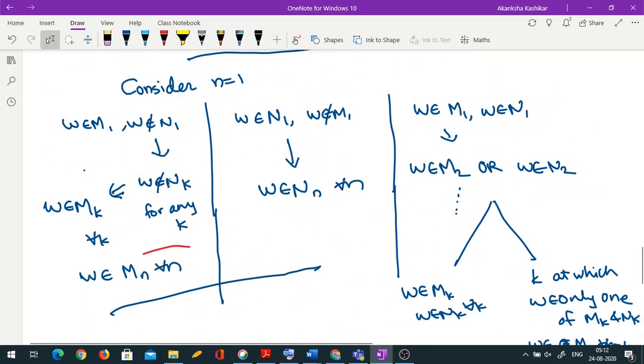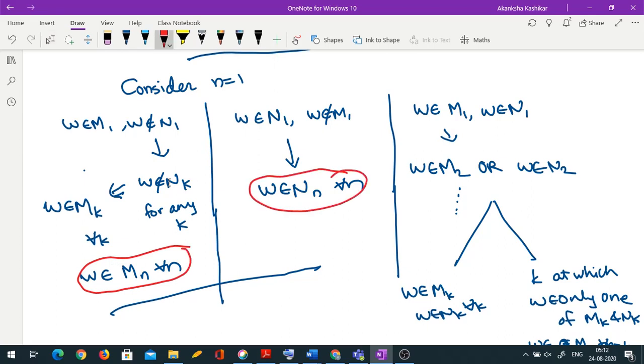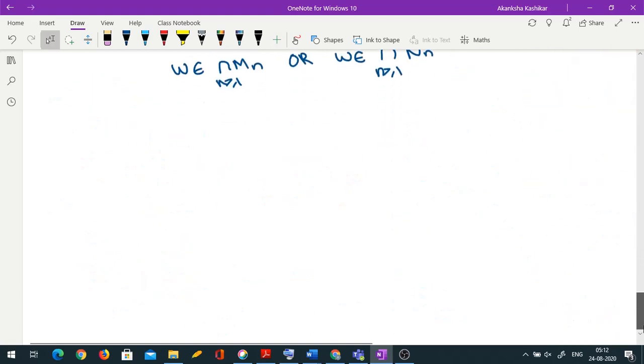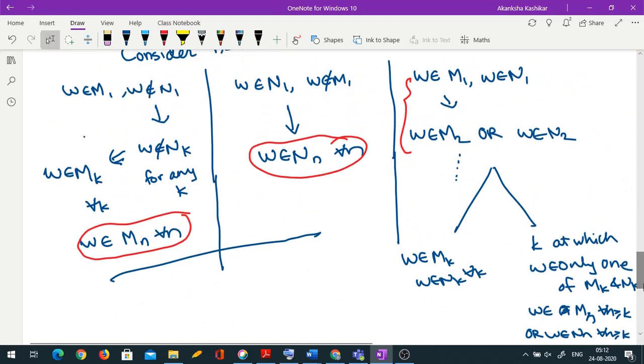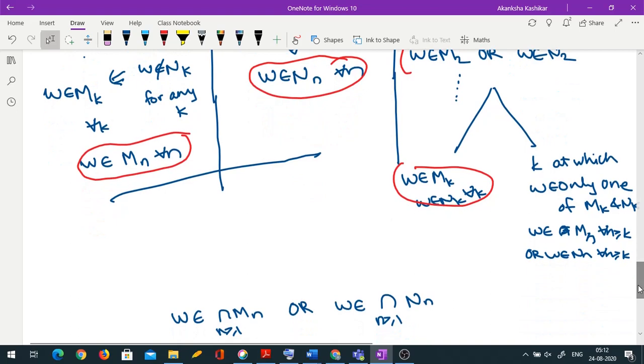Here I have omega in Mn for every n, so I am done. This is also fine. And here initially it is in both Mi's and Ni's, and after a certain point either it is throughout in both, in that case it is in the intersection of Mn's as well as the intersection of Nn's, or after a certain point it's either in Mn's or in Nn's.